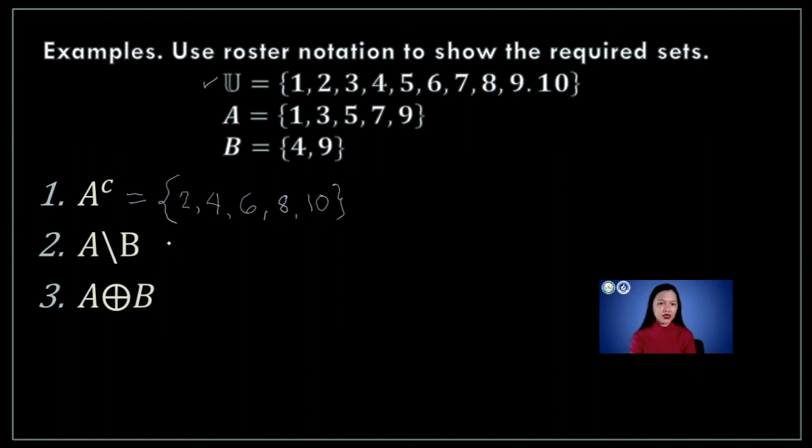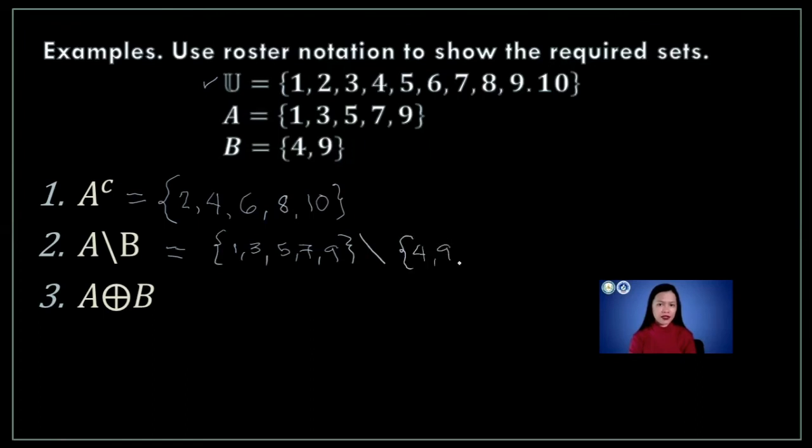Next, let's determine the difference of A and B. The best thing to do is to list the elements of A first. So we have 1, 3, 5, 7, 9. I am just replacing A with this set, and I'm going to replace B with this set.